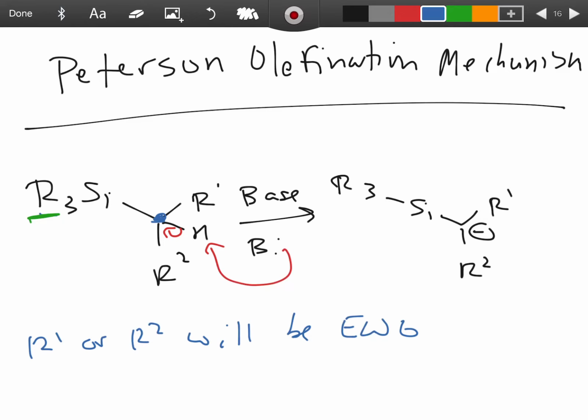So you have to do something to make sure that you don't deprotonate these groups that you just need to have on your silicon, so your silicon has enough bonds on it. You need to differentiate this from this carbon, so you can deprotonate the hydrogen that you need to remove to do your reaction. So you'll put an electron withdrawing group on there to make this carbon more acidic, right?